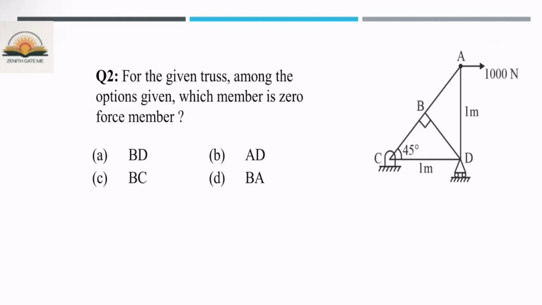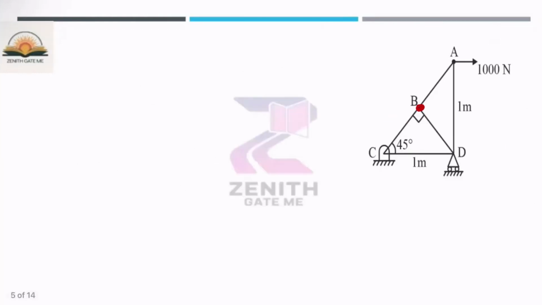Now, if you observe, consider the joint B. At this particular joint B, three members are there. If you draw a free body diagram of this point, what are the forces acting?